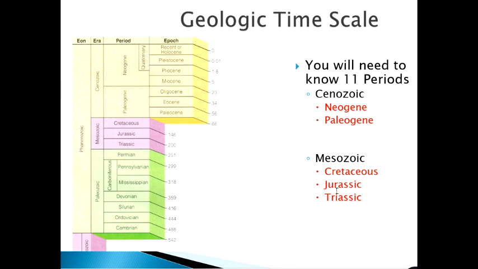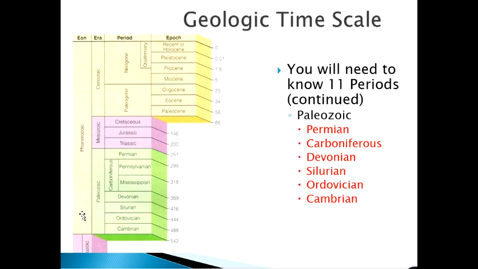The Mesozoic, the era that most people really love, because this is the era of dinosaurs, consists of 3 periods: the Triassic, the Jurassic, and the Cretaceous, in that order. And then the Paleozoic consists of these 6 periods in this order: Cambrian, Ordovician, Silurian, Devonian, Carboniferous, Permian.